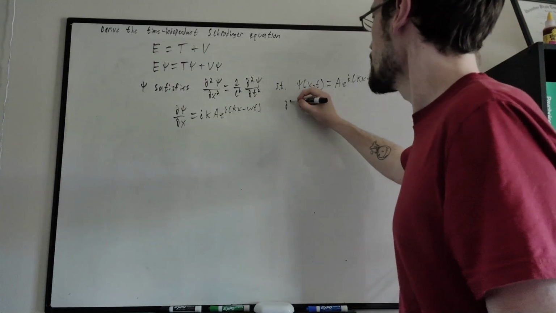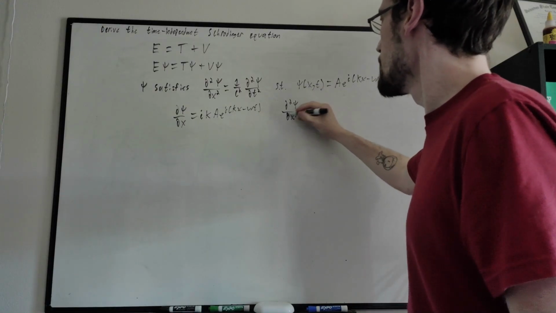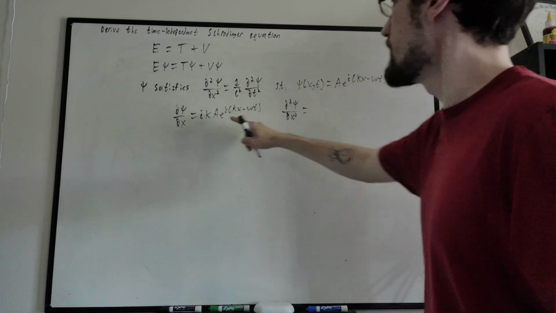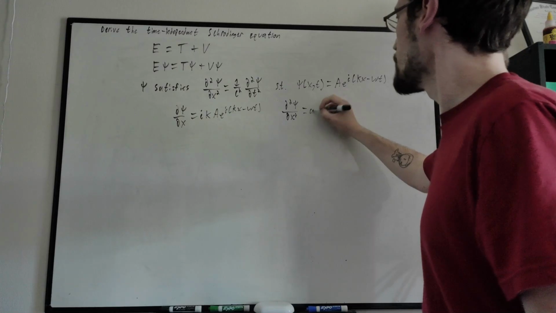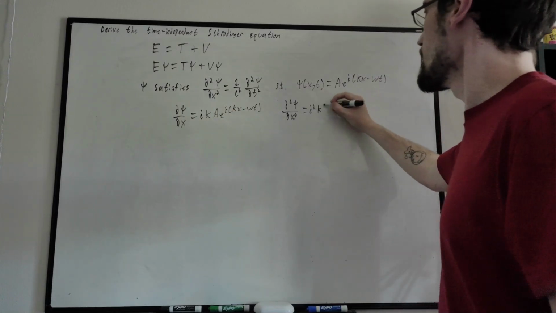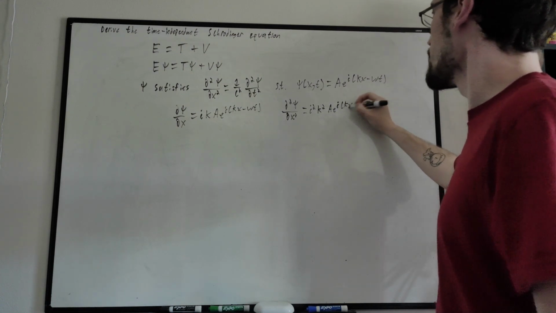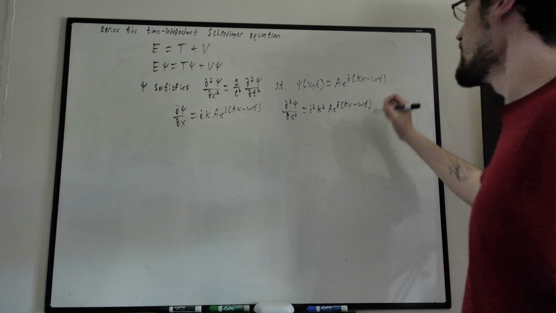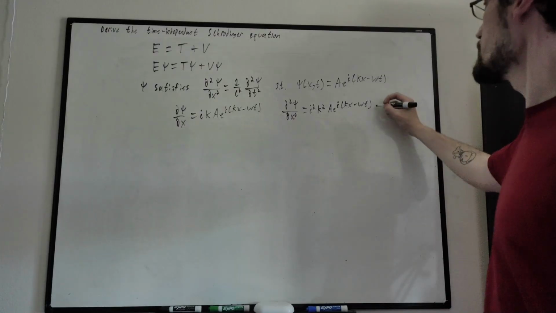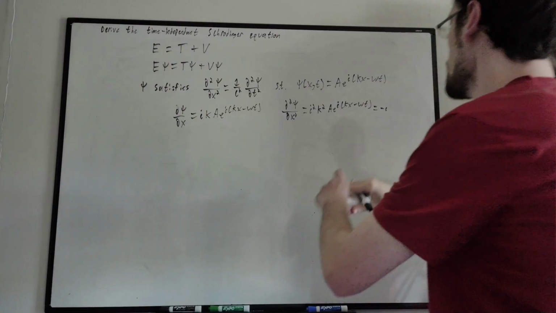So then the second derivative of psi in respect to x must then equal the first derivative of this result here, which is to say we drop down another i to get i squared, another k to get k squared, times A times e to the i (kx minus omega t), which is nice because i squared is just equal to -1.